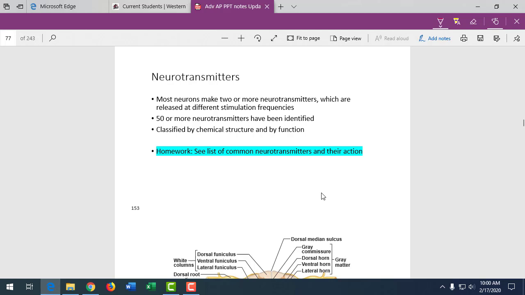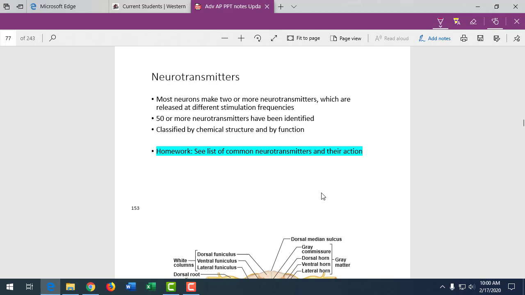There is a handout posted in Blackboard that is just a simple multiple choice quiz on the most common neurotransmitters we talk about, or that you hear about with different drugs and what they're acting on. Maybe you don't hear about the neurotransmitter, but you hear about the drugs and the effects. So we're going to apply it to what neurotransmitter those drugs are either promoting or inhibiting.